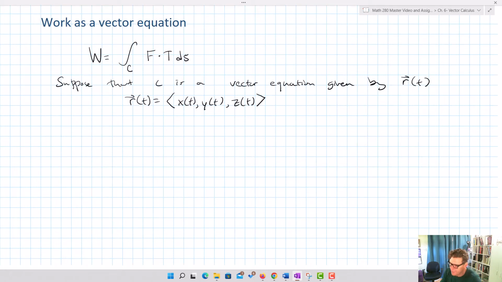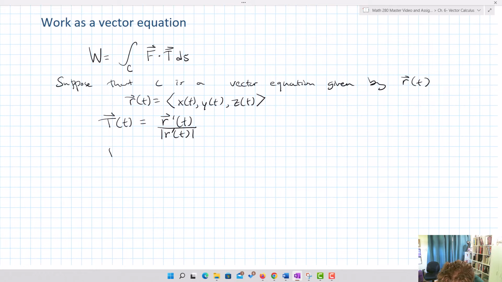And then if you remember, since our curve is R of t, T is going to end up equaling R prime of t divided by the magnitude of R prime of t. It's a unit vector in the direction of the tangent line.